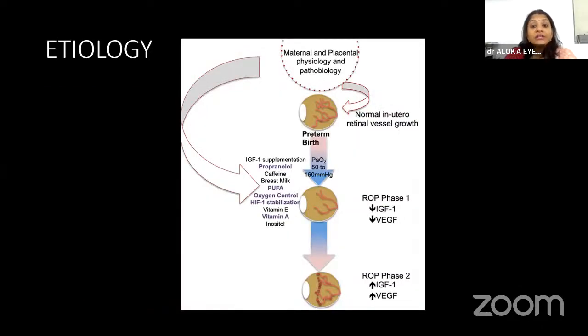Now, let's go to the etiology of this disease and what's happening here. Like I said, there is this vaso-obliterative phase where the excess of oxygen that you're giving to the child acts like a signal to relax, and it stops developing the retina. Then the oxygen demand in the retina goes up, so there is hypoxia.